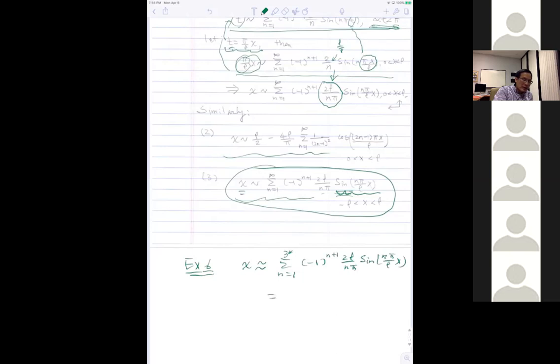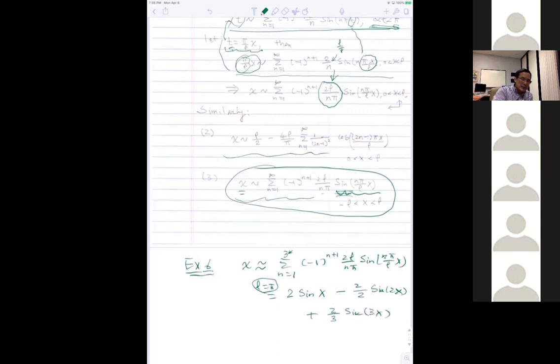So let me let L equal pi in this case. Then for n equals 1, this would be positive, so this would be 2 sin x, and then the next term would be negative 2 over 2 sin 2x, and then a plus 2 over 3 sin 3x.